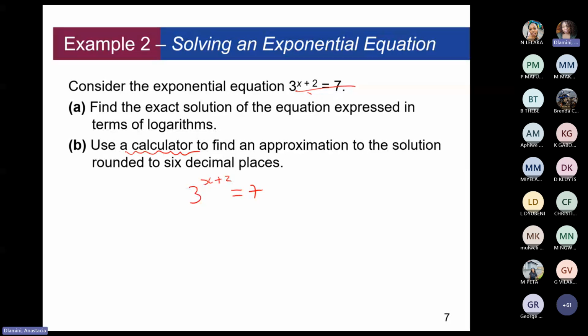Why are you saying that? Ma'am, because I think if you have the same basis, then you can bring down the exponents. If you have the same basis, you can do what? You can bring down the exponents. Are we agreeing with that?